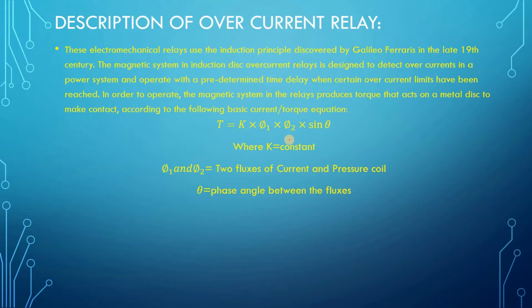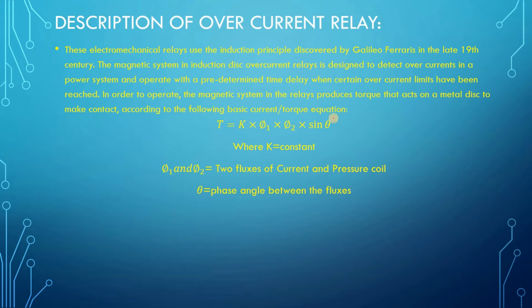That means when there is a current more than the current setting of the relay, that is called overcurrent, then the magnetic system inside the overcurrent relay will activate, and the relay will give a signal to the circuit breaker to trip the circuit.